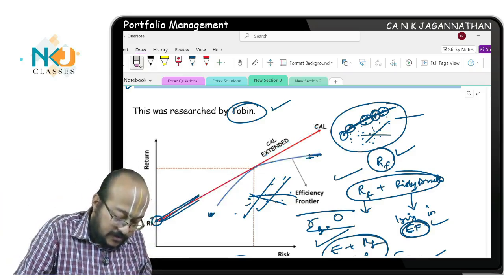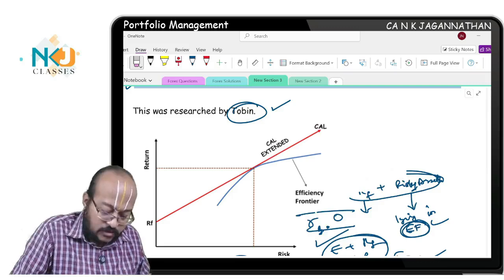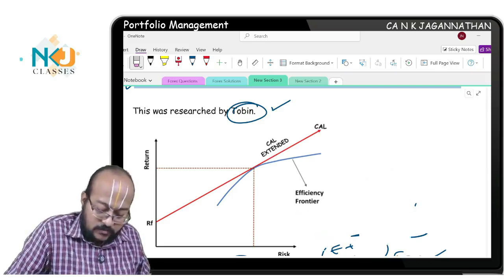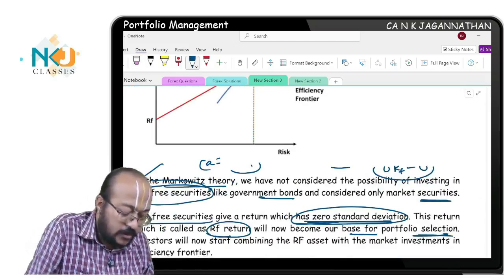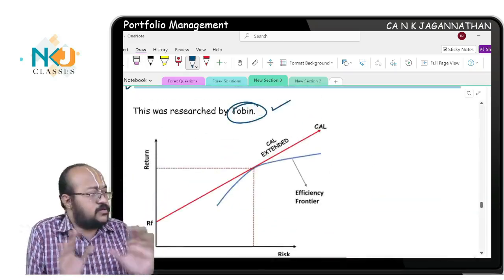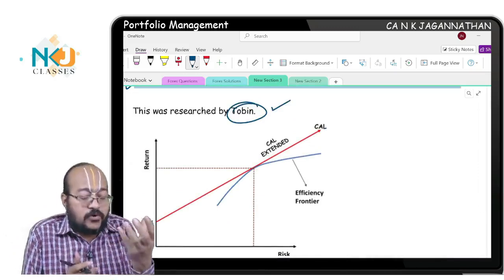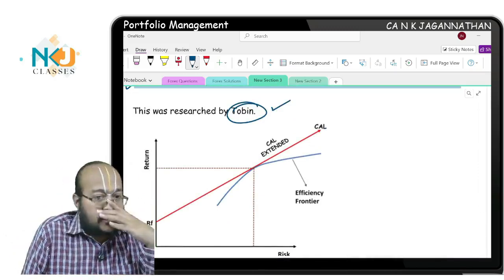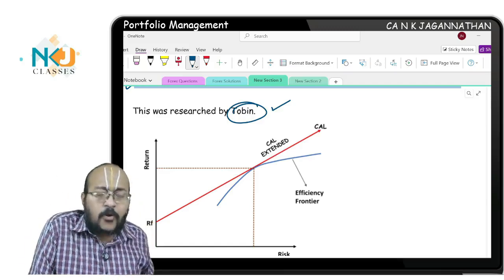Now the question arises. See, I'm just writing it for clarification. Carefully observe. There are two things we need to solve: what is the portfolio return and what is the portfolio risk. Are you all understanding? So I need to find out portfolio return and risk now. How to find out the portfolio return?